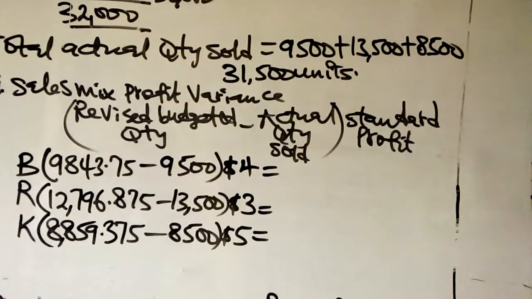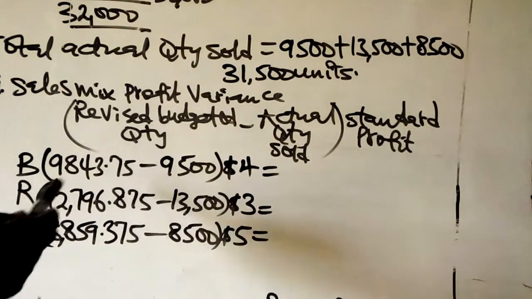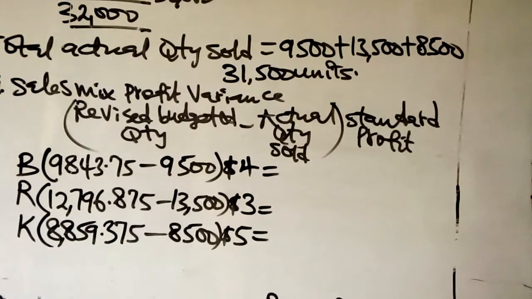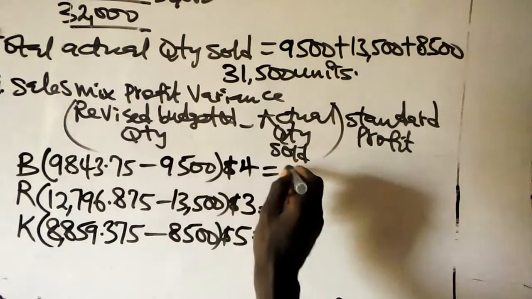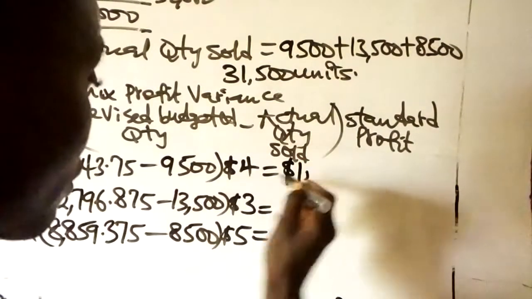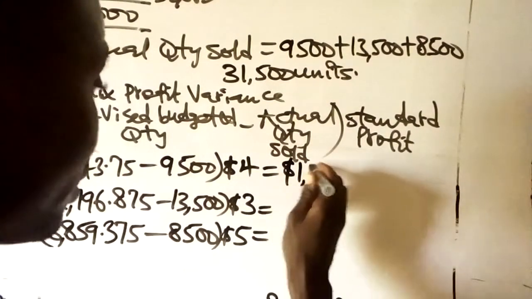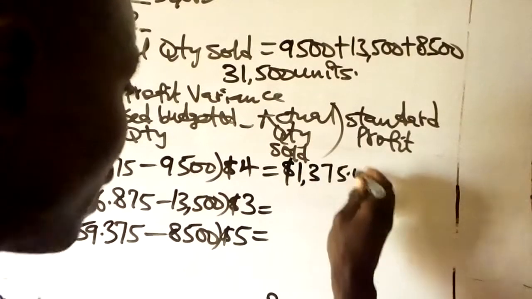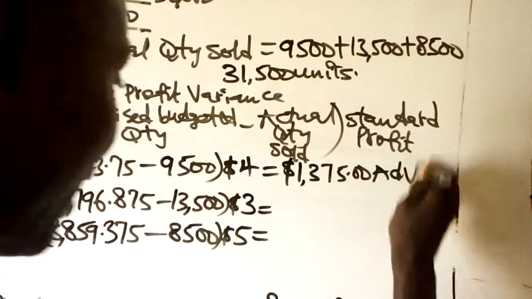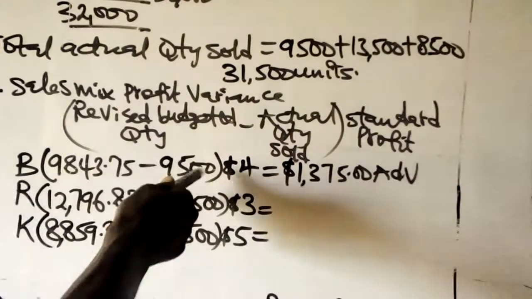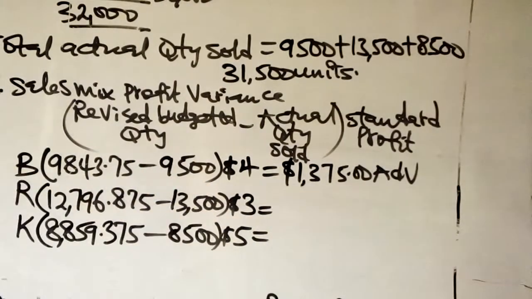If you subtract this and multiply by 4, we have 1,375.00, and this is adverse because the actual is less than planned.